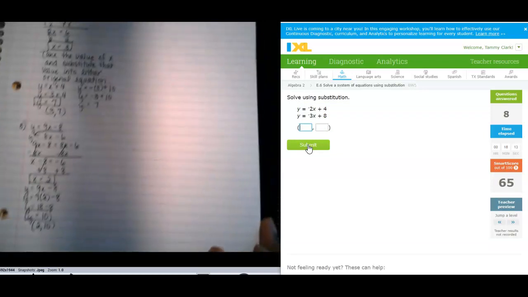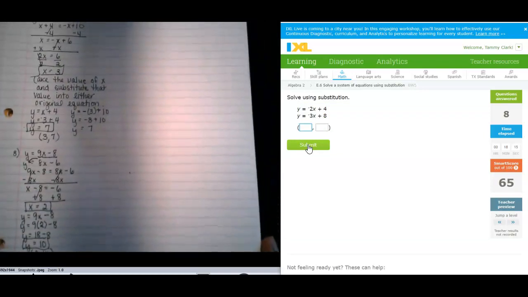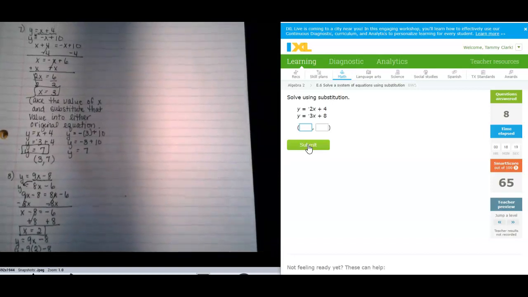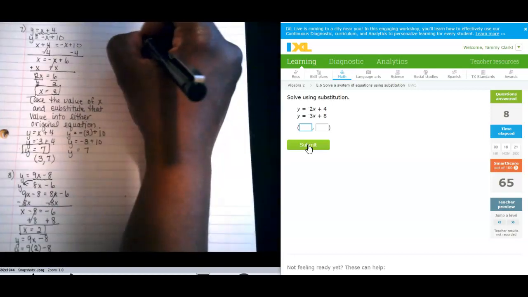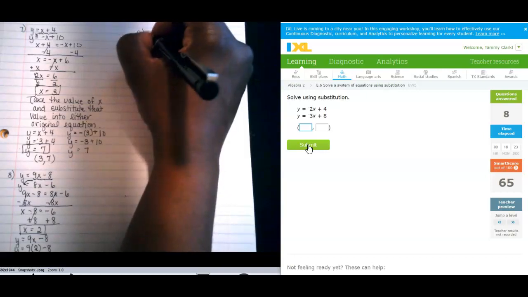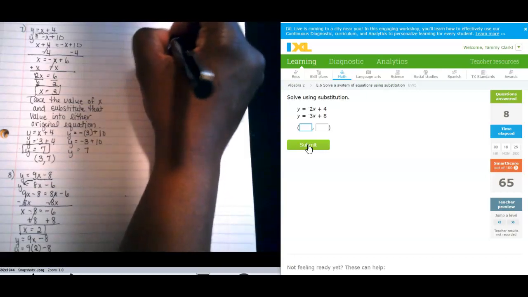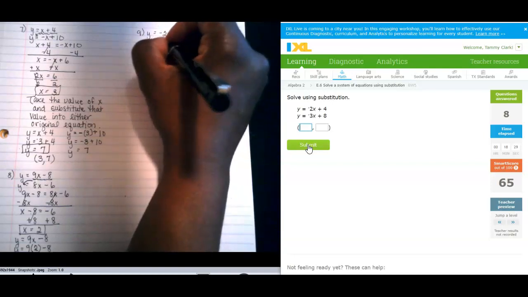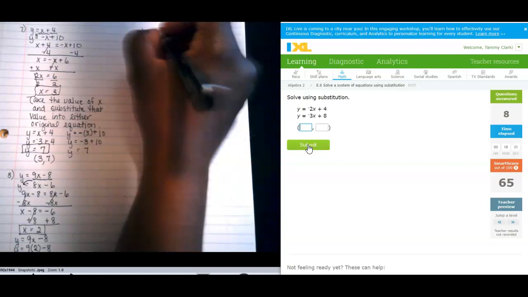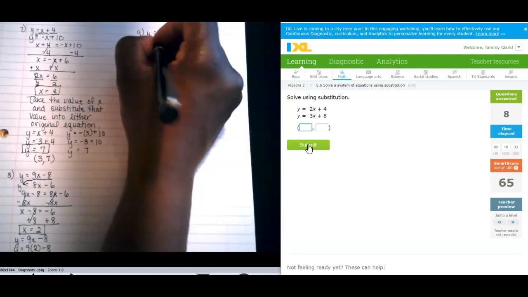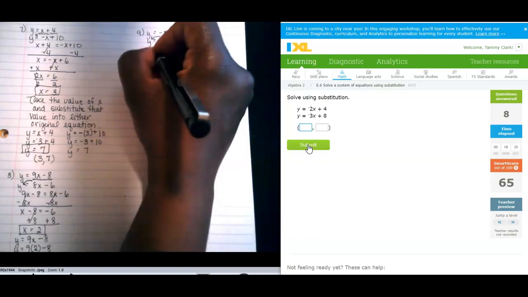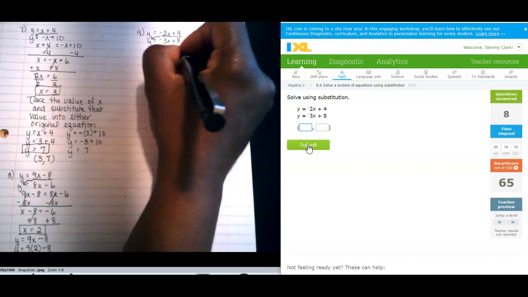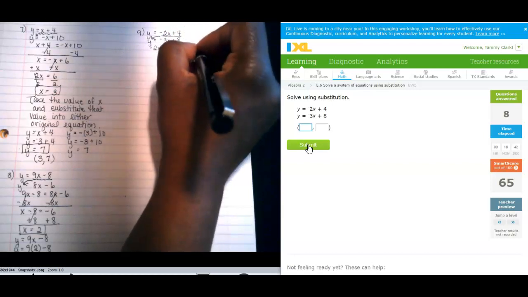All right, so let's go ahead and look at number 9. I'm trying to move this slow so that I don't make you dizzy. 9 would be y is equal to negative 2x plus 4. Y is equal to negative 3x plus 8. I'm going to take y and replace it: negative 2x plus 4 is equal to negative 3x plus 8.